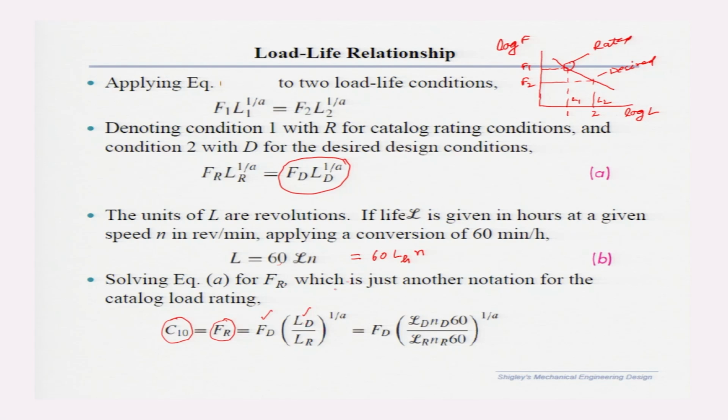Now, if this L is converted into this hour life, then in this FD, within the bracket, in place of LD we will have 60 LH desired and RPM N desired, divided by 60 L rated multiplied by number of RPM rated, to the power 1 by a.